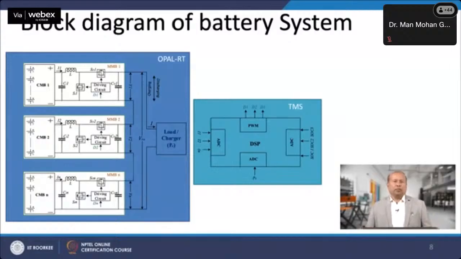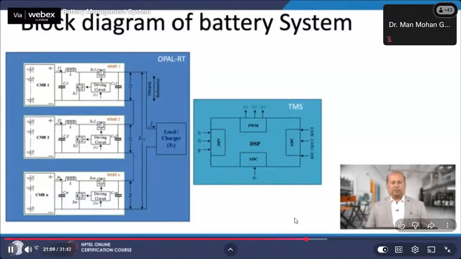If the duty cycle D of all the converters is the same, then all the batteries share power equally. By using this concept, we have developed a control logic that provides duty cycle D based on the variations in SOC values of the battery system.